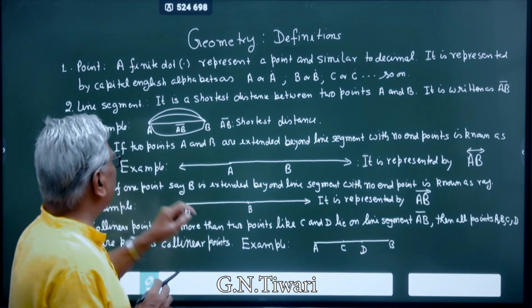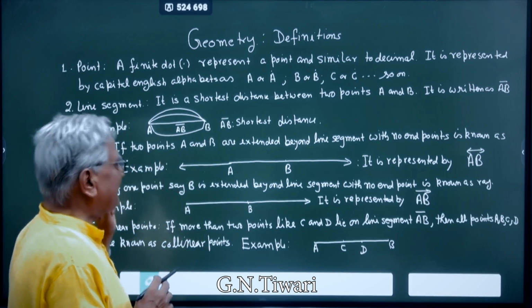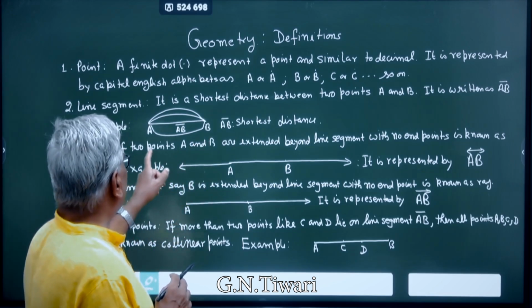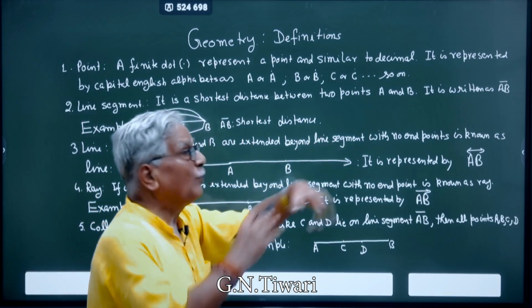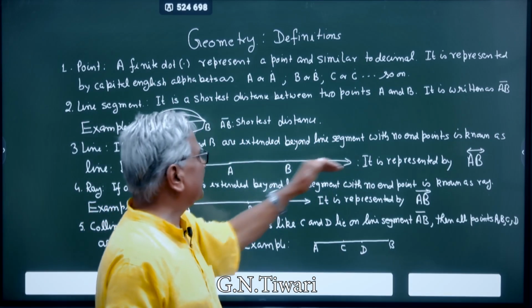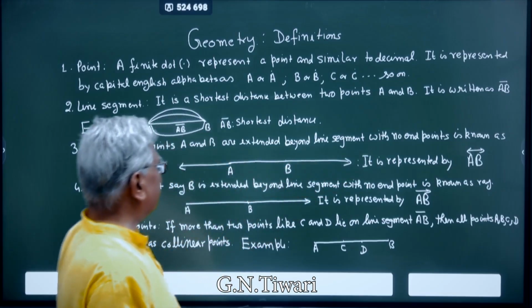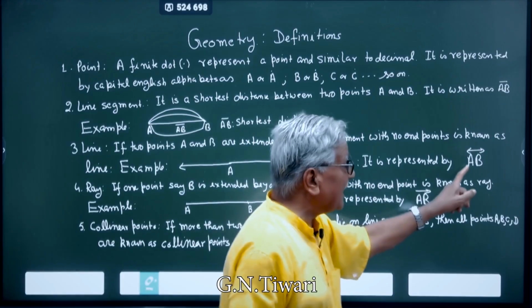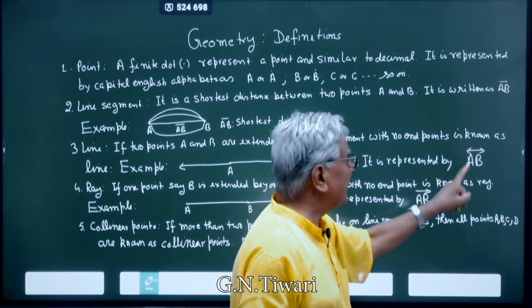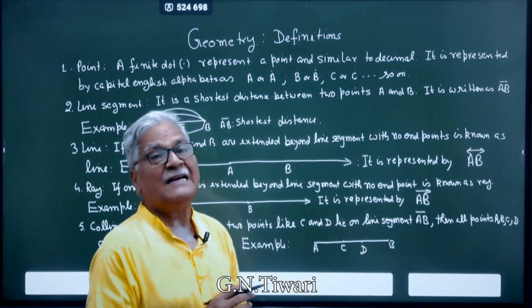Now when you define the line, see, two points A and B are extended beyond the line segment with no end points. You can extend up to infinity. This AB with an arrow at both ends is represented as a line.